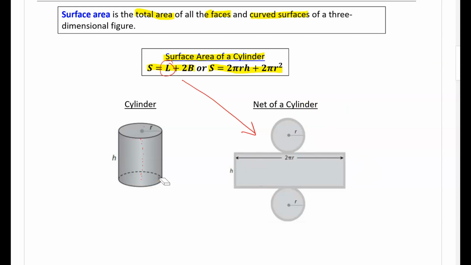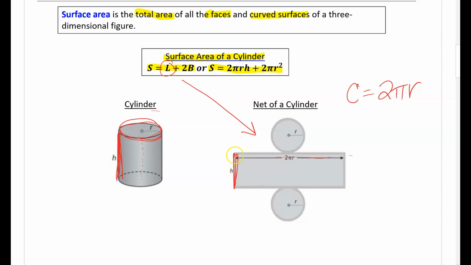And then if I think about the net, trying to take the formula, my rectangular piece, because I unraveled this part of the circle, that is called the circumference of the circle. So if I open it up, the circumference is 2 pi r. So that's where I got this 2 pi r. And then if you look at the cylinder, the height, that's the distance between the two circles.